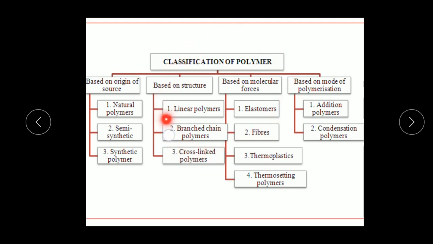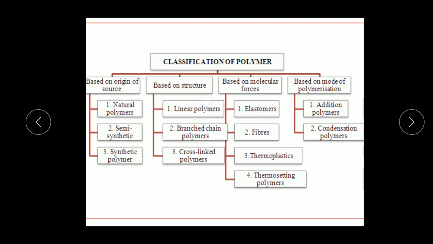Here is a chart of the classification of polymers. Polymers are classified based on the origin of source, based on the structure, based on the molecular force, and based on the mode of polymerization. Based on the source, we have natural polymers, semi-synthetic polymers, and synthetic polymers.